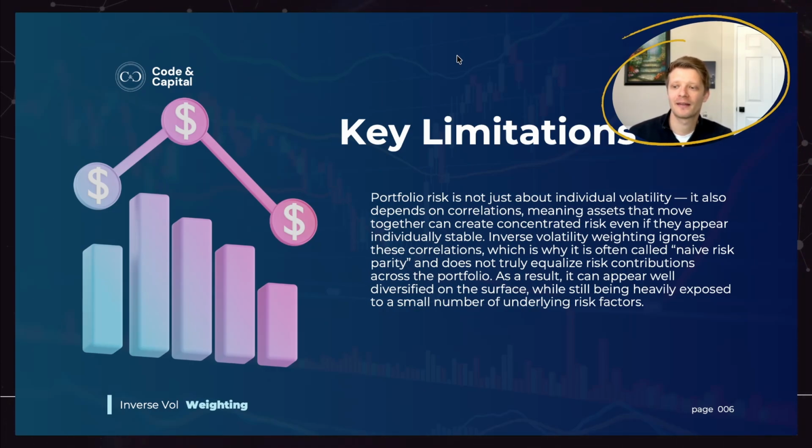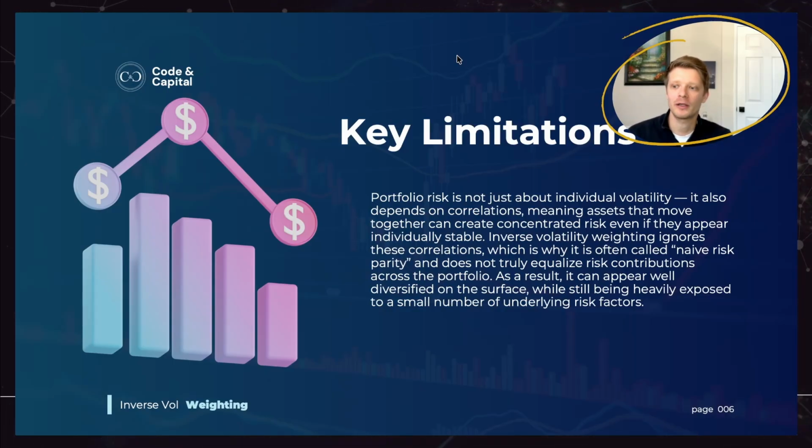Portfolio risk is not determined by individual volatility alone. It also depends on how assets move relative to each other, and that is by definition captured by the covariance or correlation matrix. Inverse volatility, as I mentioned, only considers standalone volatility and ignores those correlations, which means it does not account for how risks can cluster across assets.